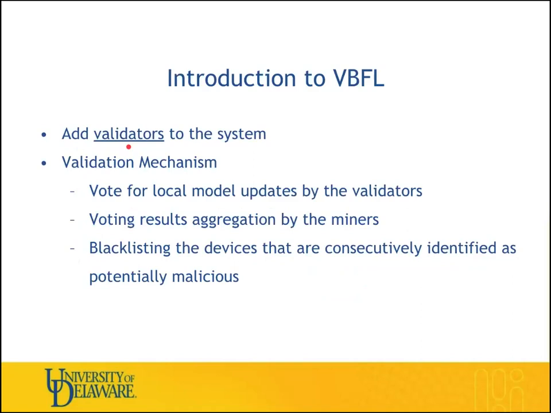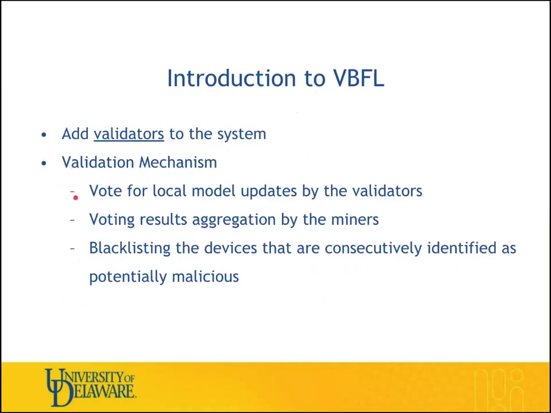Inspired by Blockfl and the other related work, we have proposed Vbfl, which introduces a third role called validator with a novel model validation method attempting to prevent the distorted model from being used in the final construction of the global model. The validation mechanism contains 3 parts.